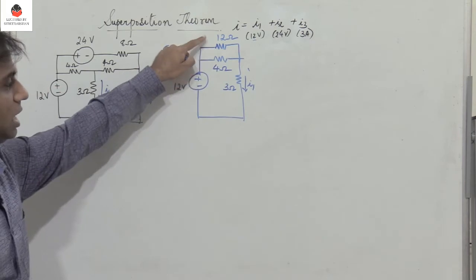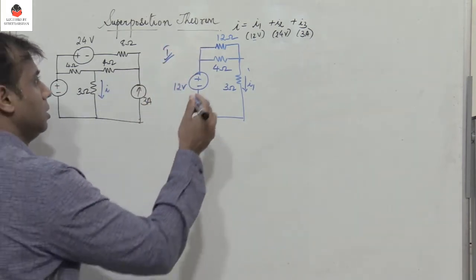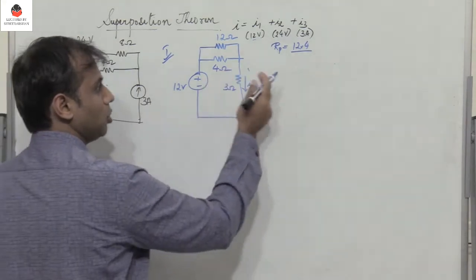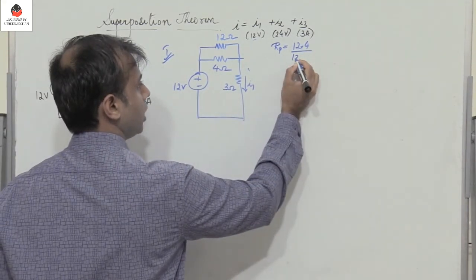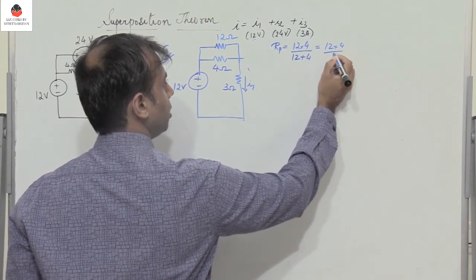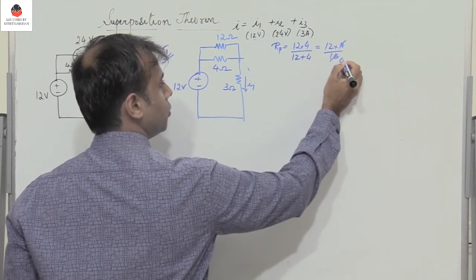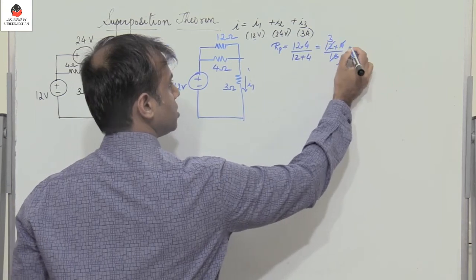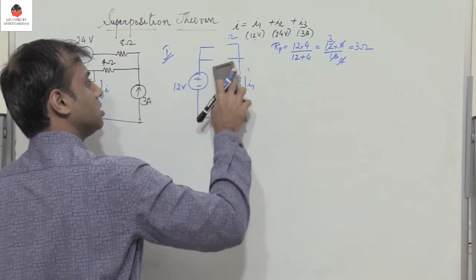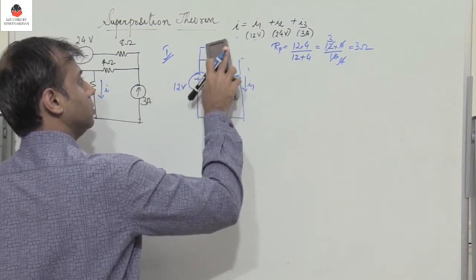So find the equivalent resistance: multiply both the resistors divided by its sum. So you have 12 into 4 divided by 16. 4 4s are 16, 3s are 48, so you have 3 ohms. So this is replaced by 3 ohms.